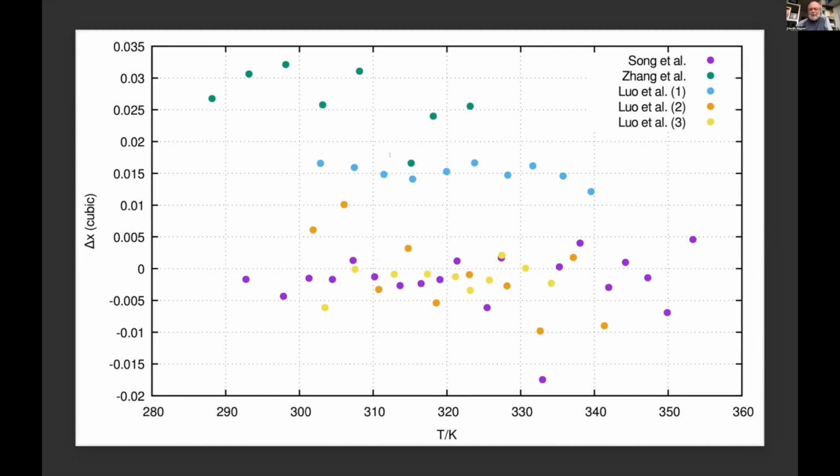Here you have another cluster. This is law number 1, and another cluster with a very high scatter, which is Zhang et al. So this analysis shows that there are systematic differences between probably 3 data sets, and this cluster is in good agreement.